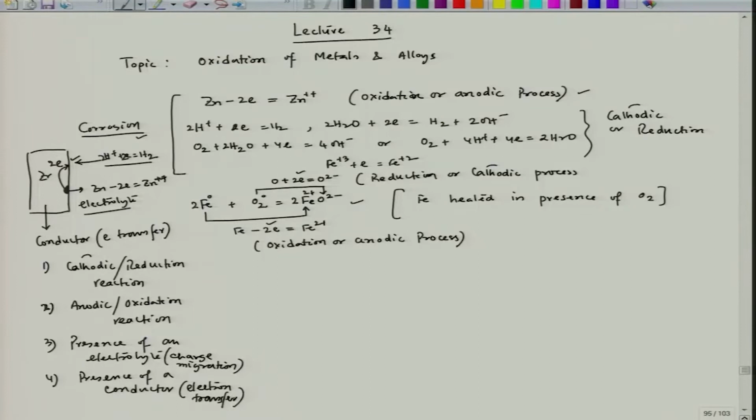So, we have 4 components of this corrosion cell or galvanic cell, or even if we consider an electrolytic cell, there also we have these 4 components.